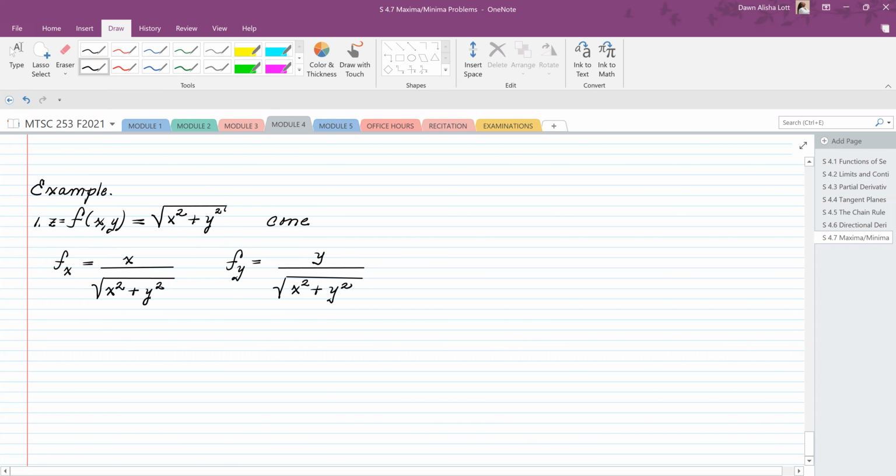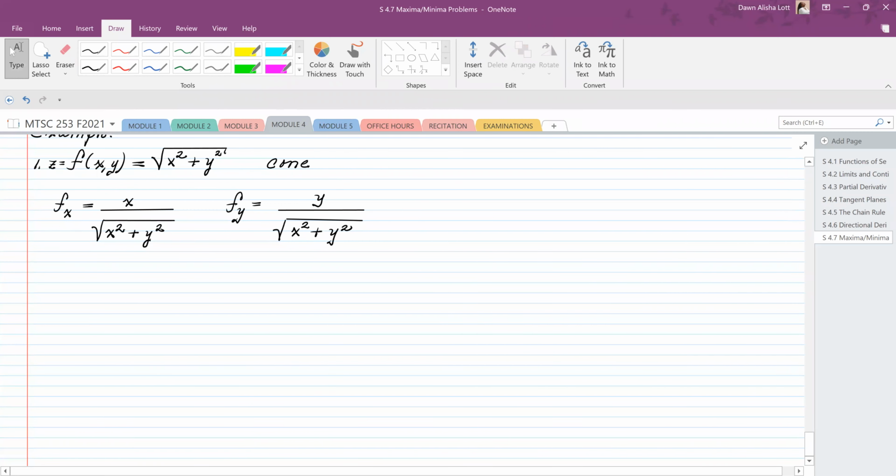All right, and so I can clearly see that f sub x and f sub y do not exist at the point 0, 0. So 0, 0 is a critical point. It's the only critical point. All right.